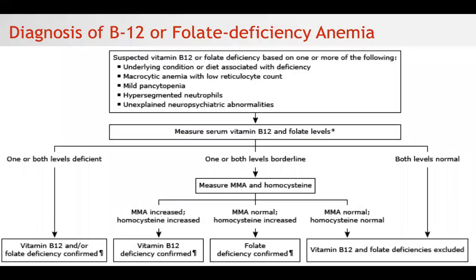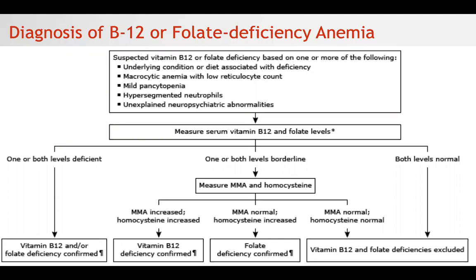So this is an algorithm where if individuals are suspected of having vitamin B12 or folic acid deficiency based on one of the following: if they have an underlying condition or a diet associated with deficiency, so severe dietary restrictions, like if they're a vegan, macrocytic anemia with low reticulocyte count, pancytopenia, neutrophil issues, or unexplained neuropsychiatric abnormalities, then of course we want to get vitamin B12 and folic acid levels.